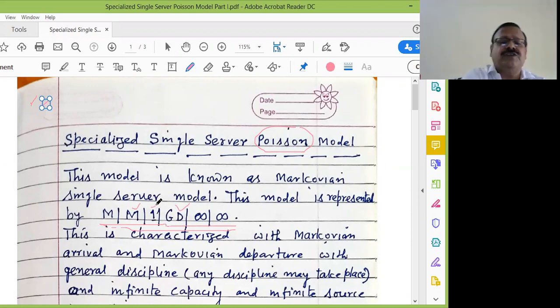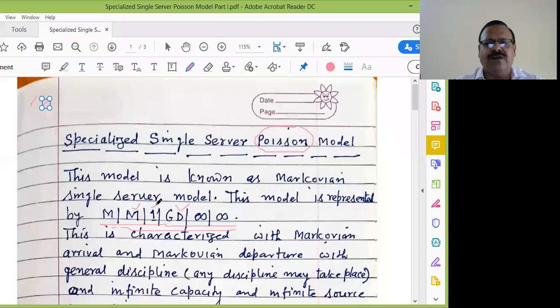GD means general discipline, so if you want to put any discipline here, there is no problem for this model. You can put FIFO, you can put LIFO, you can put priority, whatever you like.